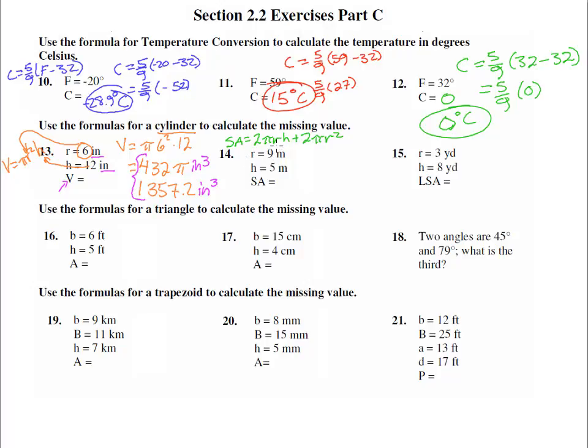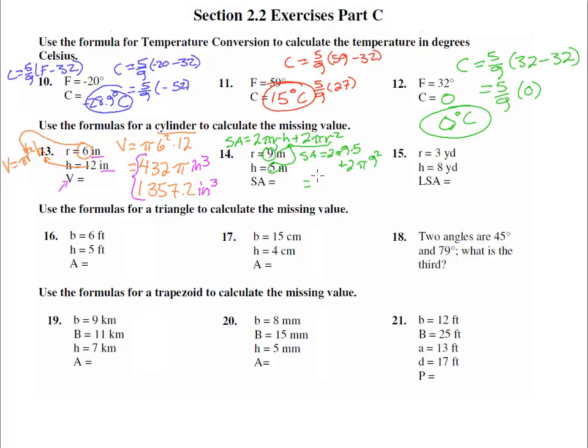So we're going to stick 9 in everywhere there is an r, and 5 in wherever there's an h. So we get that SA is going to be 2 times pi times r, which is 9, times 5, plus 2 times pi times 9 squared.